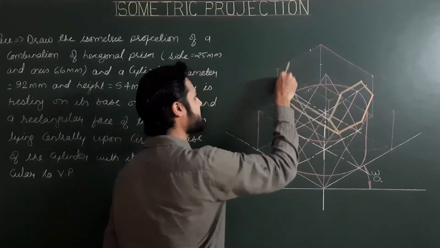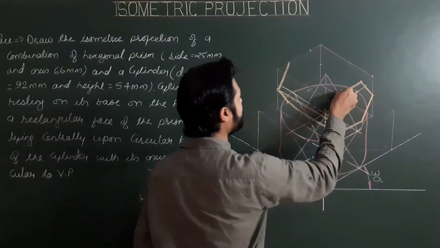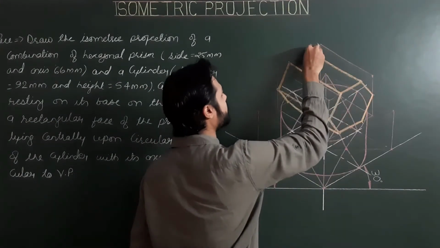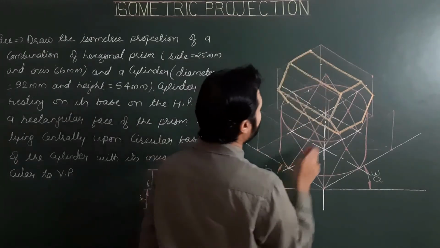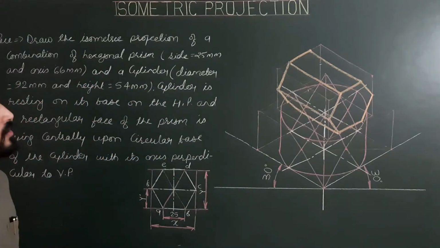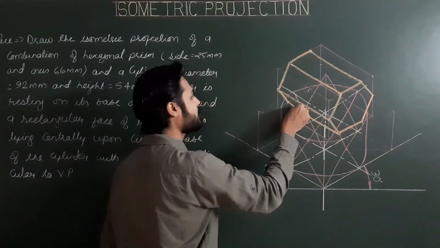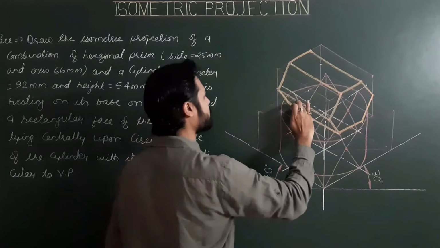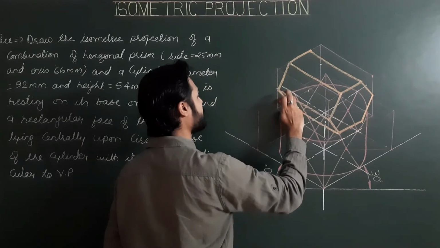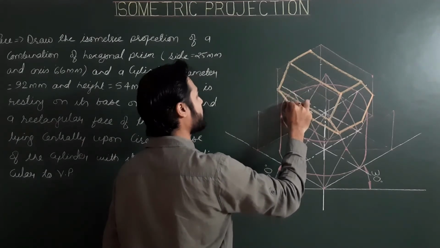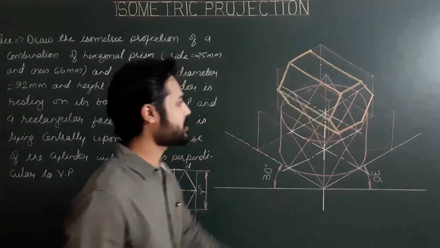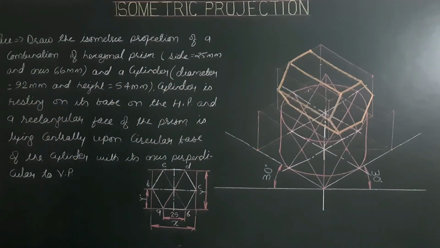This is a visible side, and these sides are hidden sides, so no need to show. Visible or hidden or partially visible sides. So this is the final complete projection of the hexagonal prism.